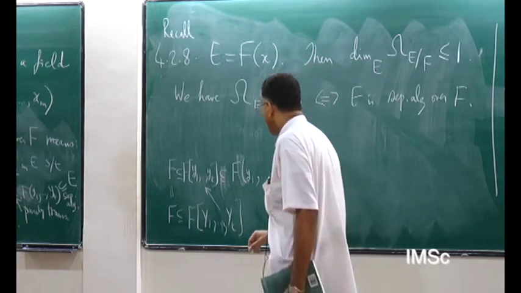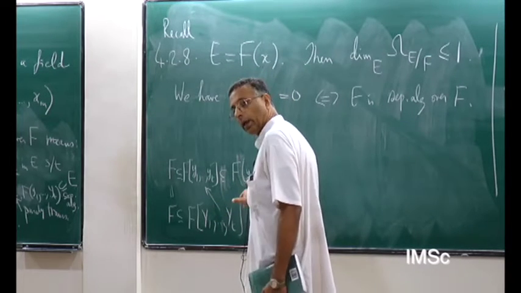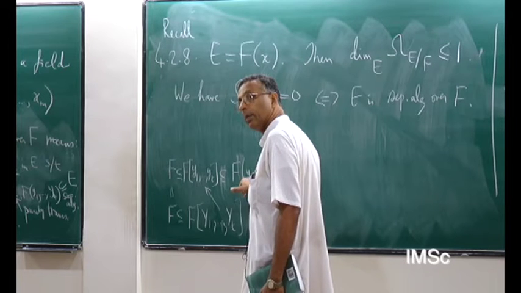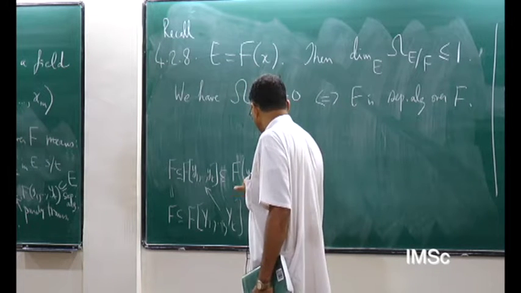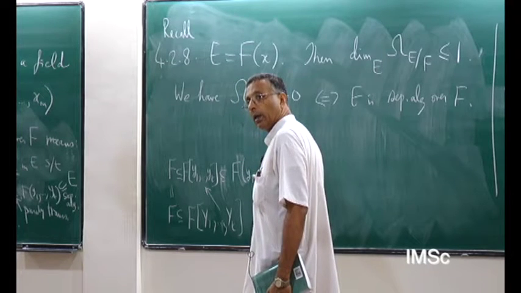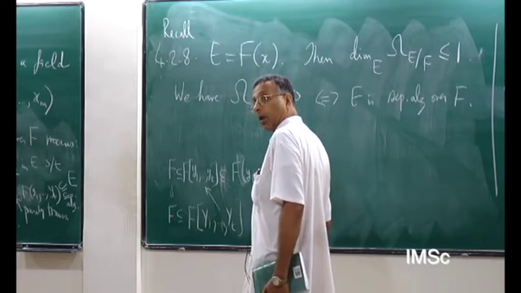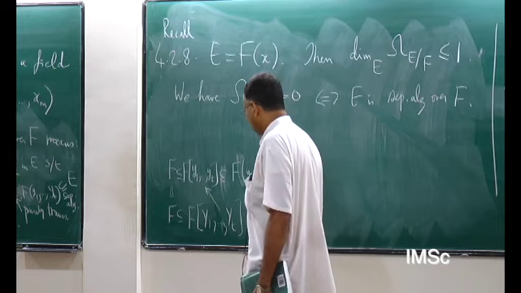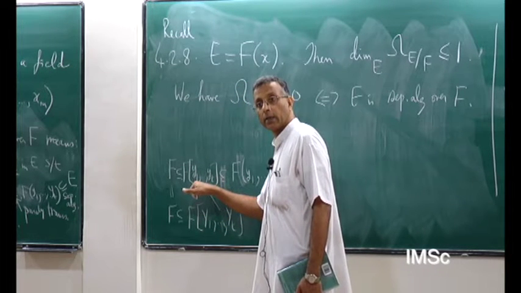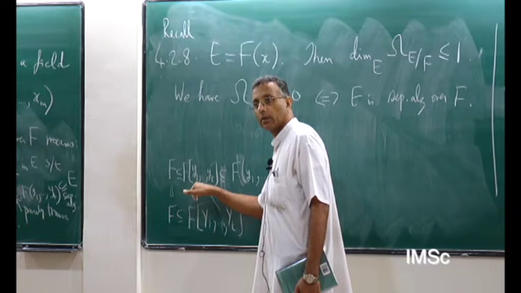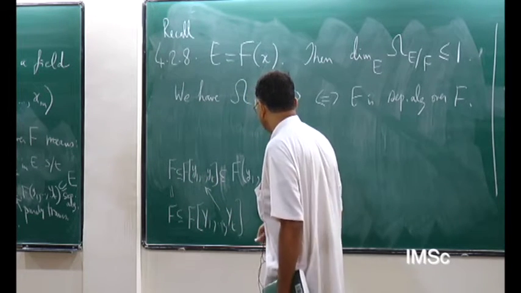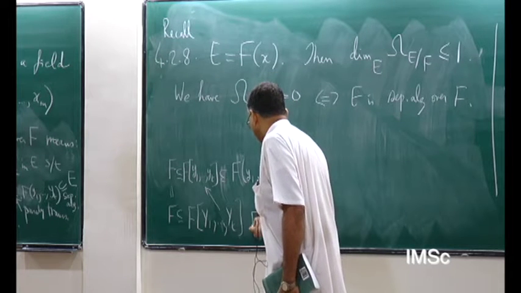I want to recall the notion of algebraic independence. A bunch of elements y1 through yt of a field extension E are called algebraically independent if this map is an injection.